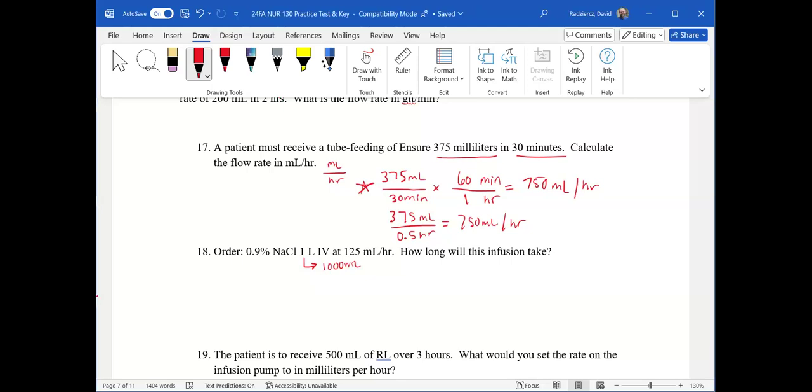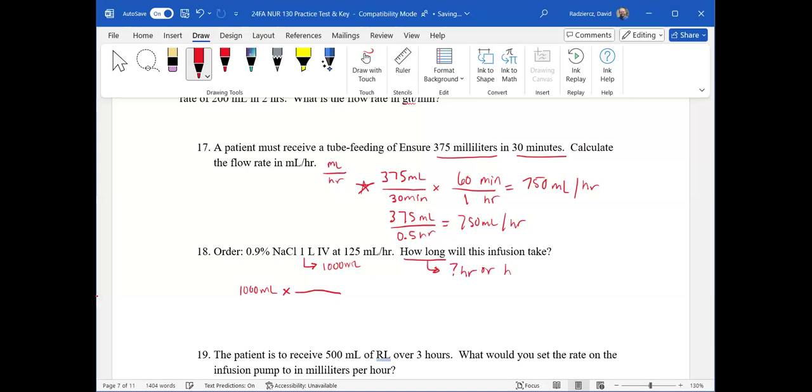Then that's kind of like your ordered. Your available is going to be the volume over the time. And so what I'm going to tell you to do is, what we're looking for when it says how long, that means how many hours, okay?